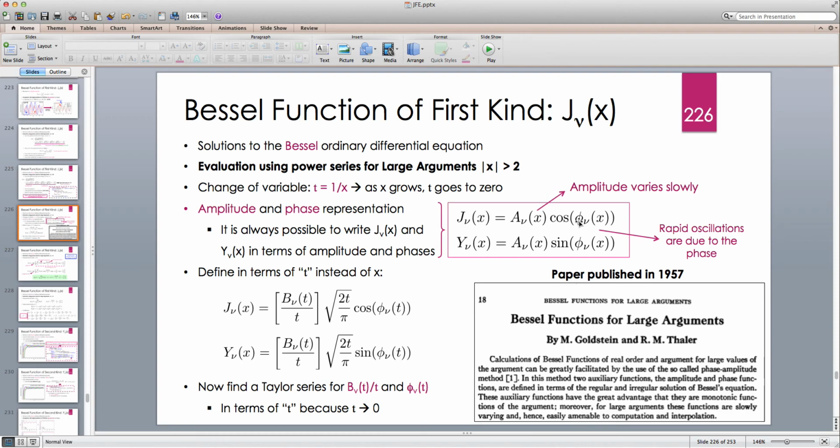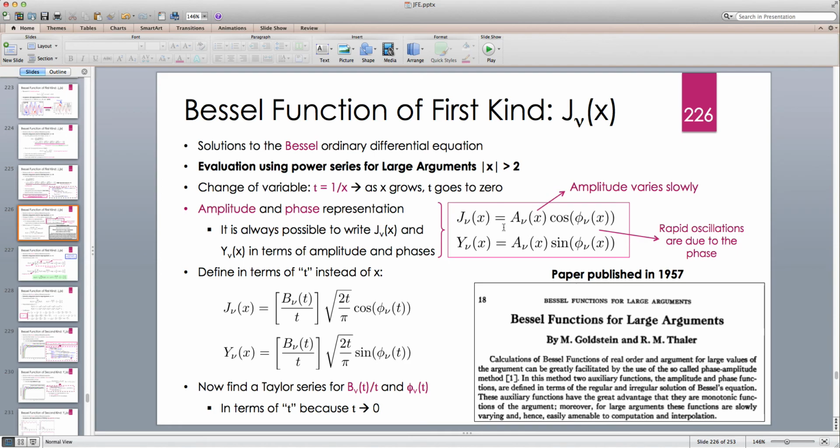So even if the 2 pi is maybe less than 1% of the overall magnitude of phi, it causes a big change in the cosine function, right? So the variations in phase can have a much more rapid effect on J nu than the variation in the amplitude. So the amplitude varies very slowly, and the oscillations are caused by the phase, right?